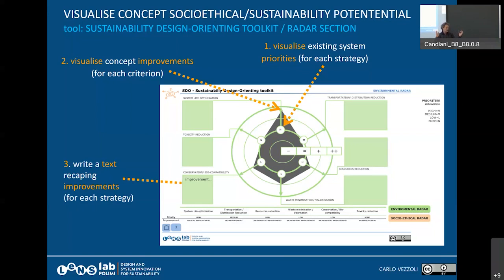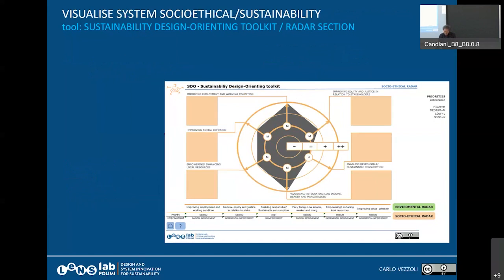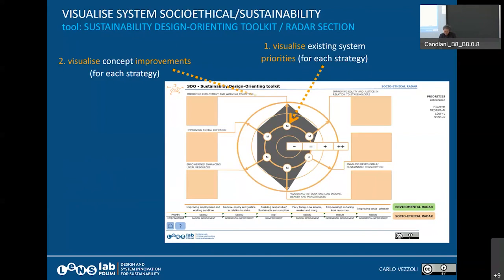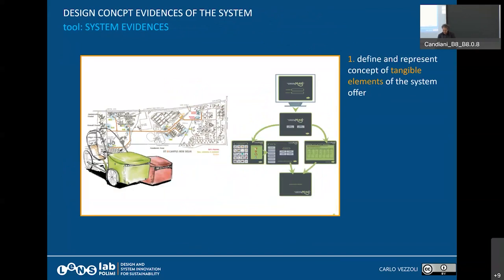So in one shot, you can make a synthesis of what the profile of your concept is: where are you improving and why? You can even write some short text to describe the level of improvement. The same you will be doing for the socio-ethical dimension, even though here you will be doing this for the 3 dimensions of sustainability. Okay?